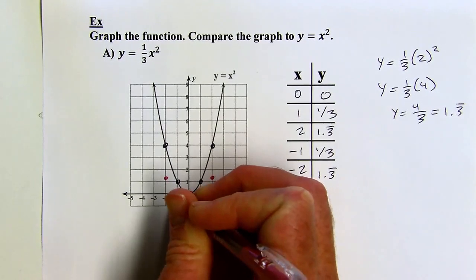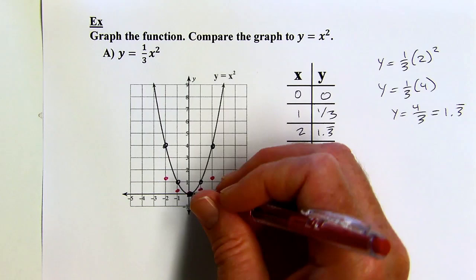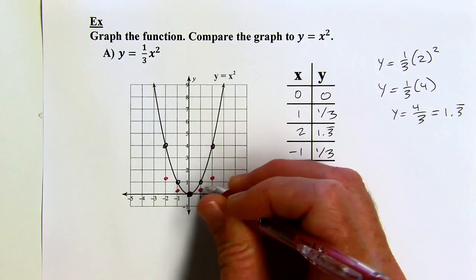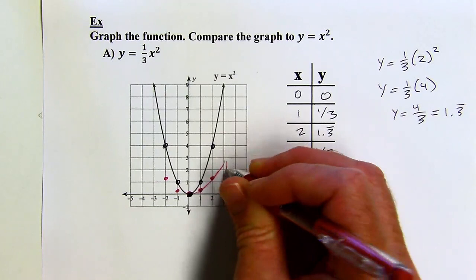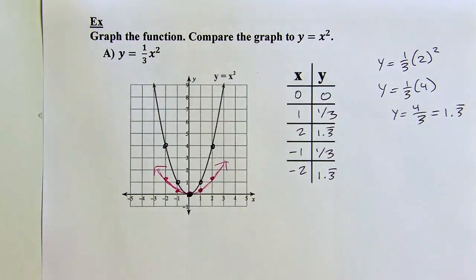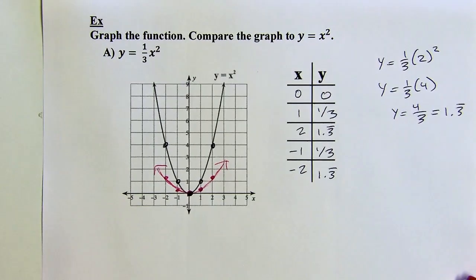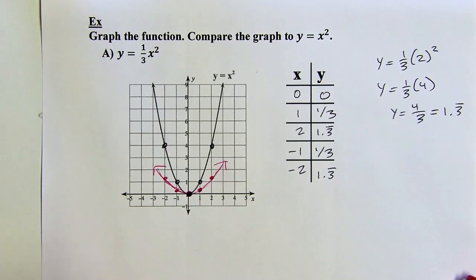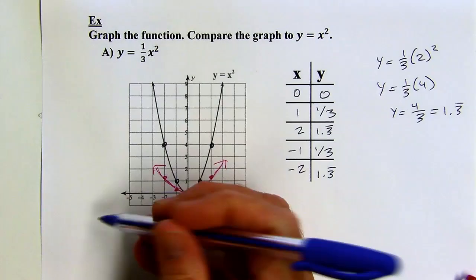Okay? And when we draw in the parabola, it will look wider because these points have been squished down. They've been vertically shrunk down towards the vertex. Okay? So when it says compare, I want to say, okay, well, this is a vertical shrink by a factor of 1/3.